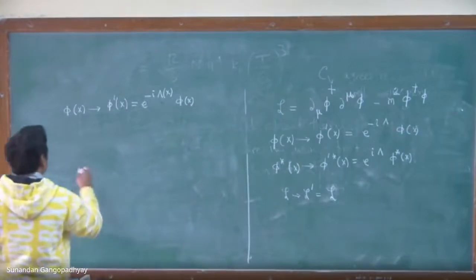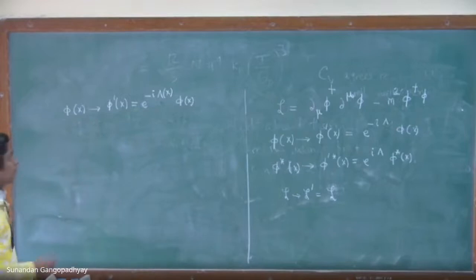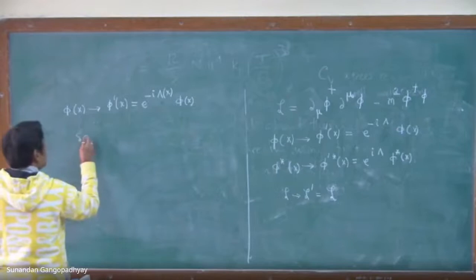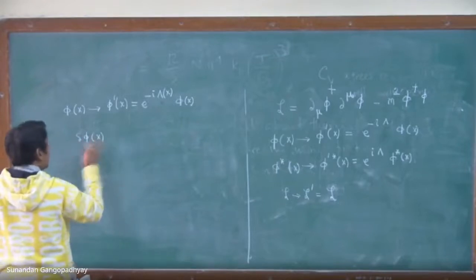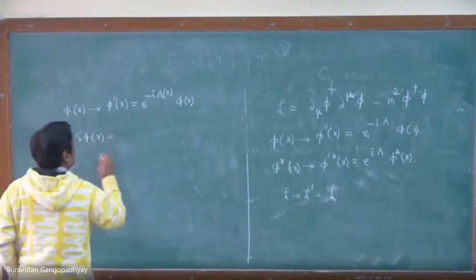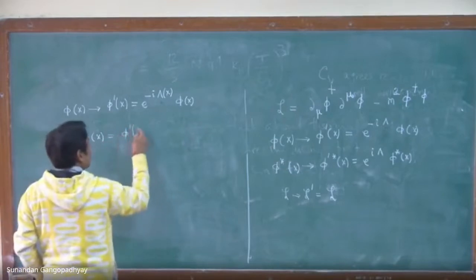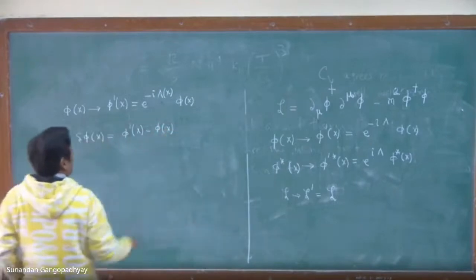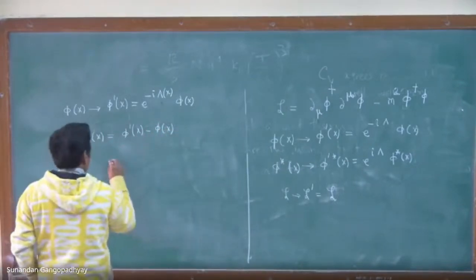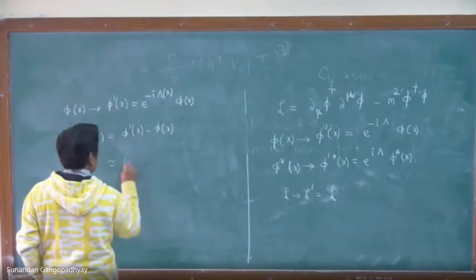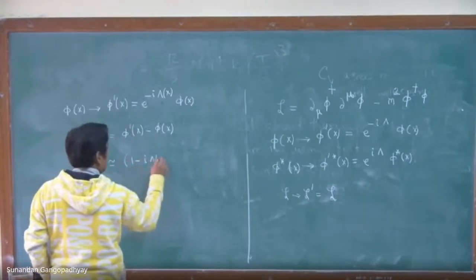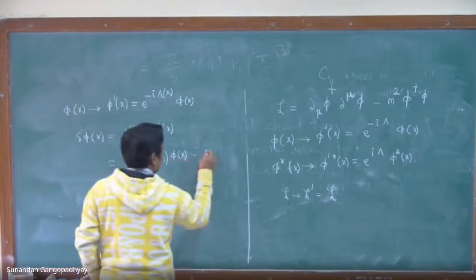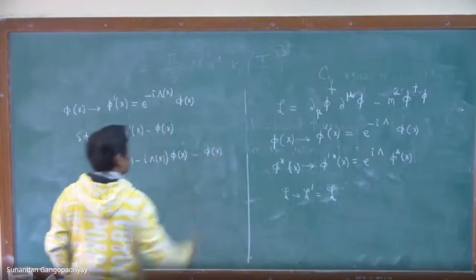First of all, what we can do is immediately calculate, for an infinitesimal transformation, delta phi of x, which is equal to phi prime of x minus phi of x. Since the transformation is infinitesimal, I can write this as (1 minus i lambda of x) phi of x minus phi of x.